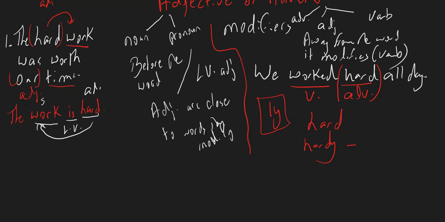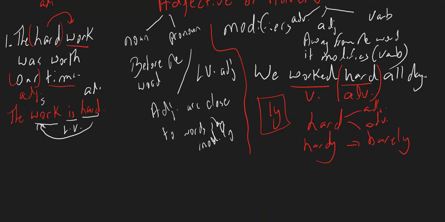Hardly means scarcely or barely, which has an entirely different meaning. So hard can be an adjective modifying a noun, or can be an adverb modifying a verb. Okay. So this is in terms of how they function in the sentence, where they are located, and what they modify.